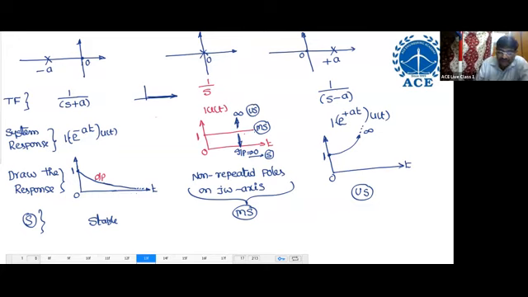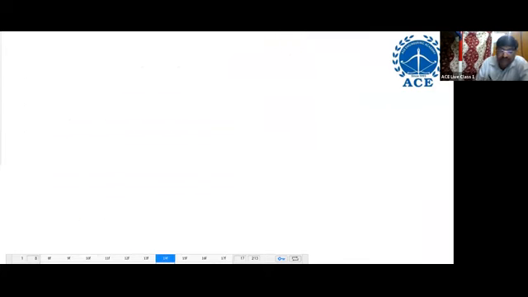Okay. Next, take the repeated poles. Two poles repeated at s equal to minus a.